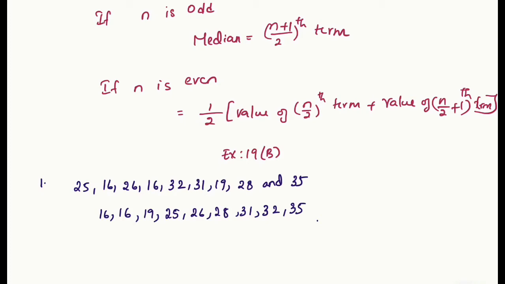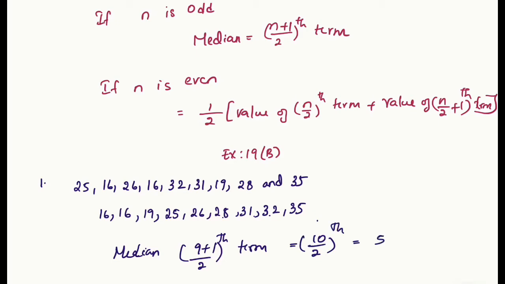So how many numbers do you have? 1, 2, 3, 4, 5, 6, 7, 8, 9. Here you have an odd number of terms. So median will be equal to the (9 plus 1) by 2th term, that is 10 by 2th term, which is the 5th term.